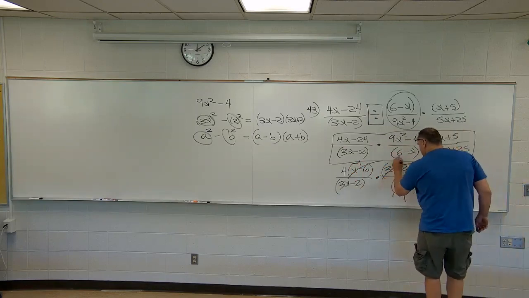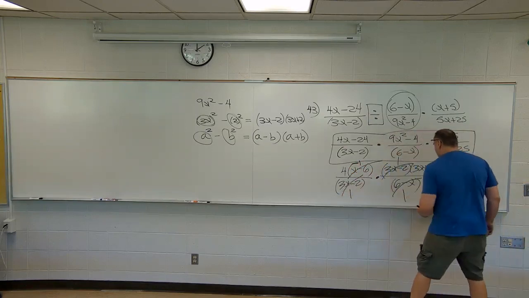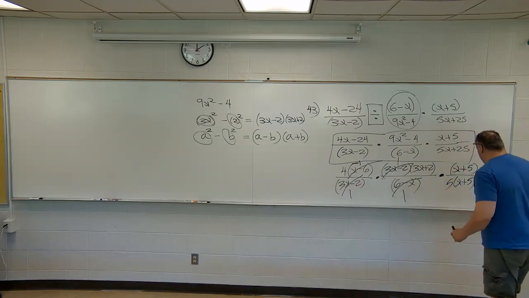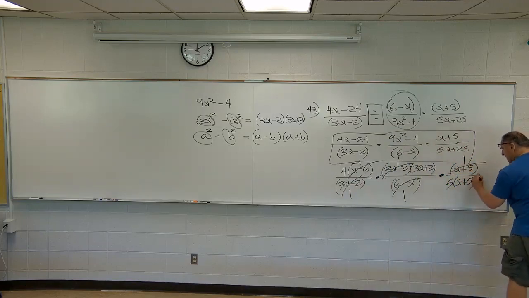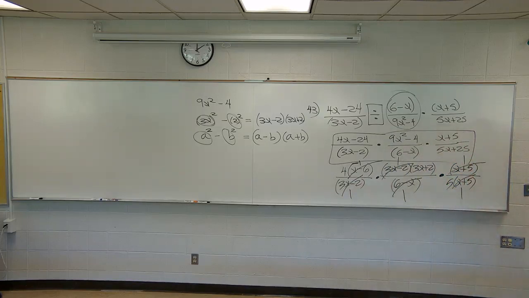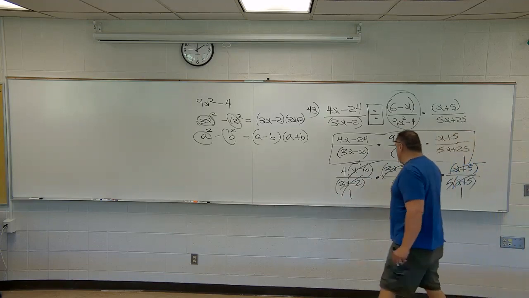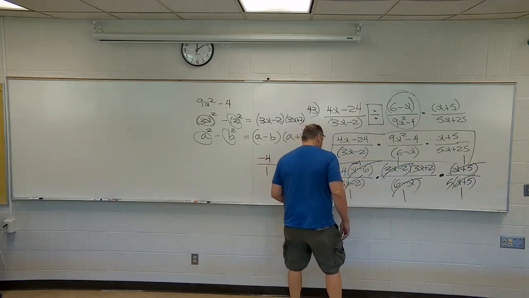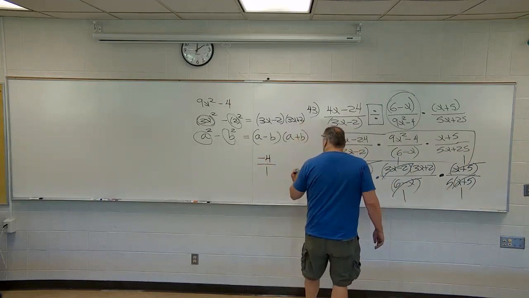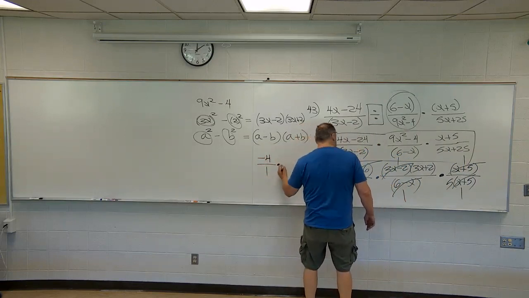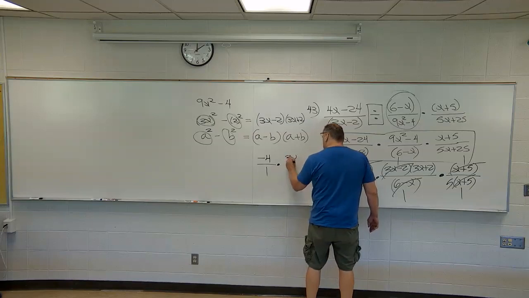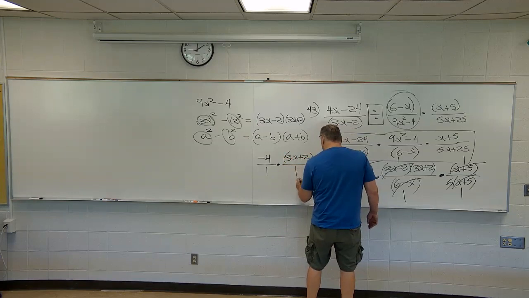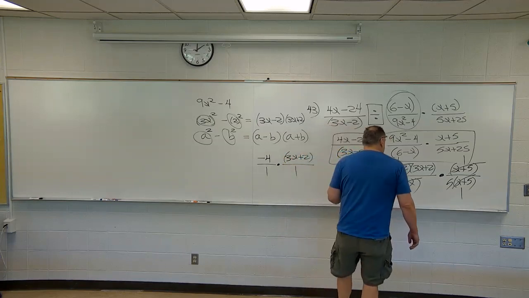These guys cancel, 1 over 1. These guys cancel, and you got that. What we got here, guys, is 4 times negative 1 is negative 4 over 1. We got 1 times the quantity 3x plus 2 over 1. And we got 1 over 5.